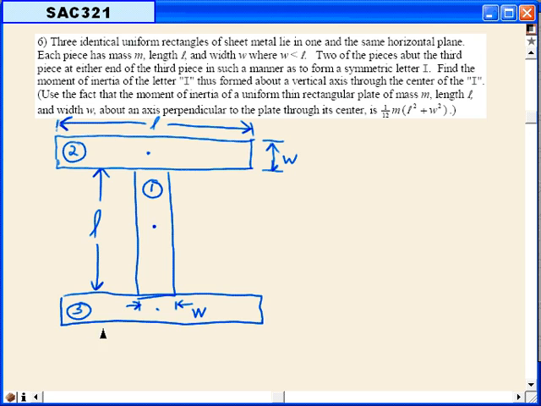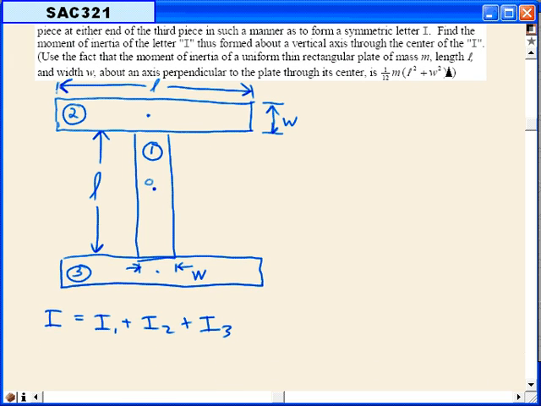So our total moment of inertia with respect to this central axis O is going to be I1 plus I2 plus I3. Now I1 is just the moment of inertia with respect to the center of mass of any one of these. You know, the moment of inertia of 2 with respect to its center of mass would be that same expression. So I1 is just IC.